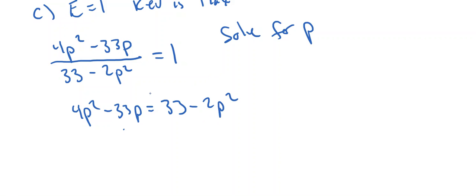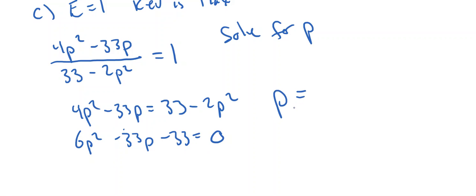And now we have a quadratic, and so we need to set the quadratic equal to 0. So this will be 6p squared minus 33p minus 33 equals 0. And you can solve this using Desmos. Because it's a quadratic, you're going to have two answers.